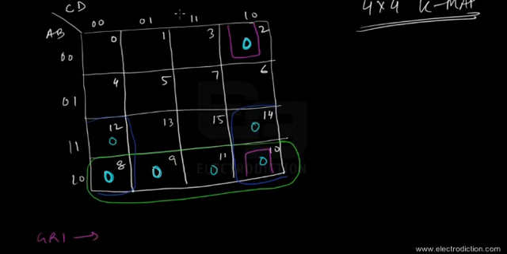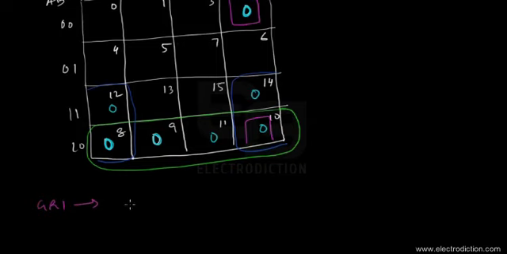So we got to find the sums for each of the cells. So this is 0, 0 and 0, 1, which means we can get A, B, and then C bar and D for the cell number 2.